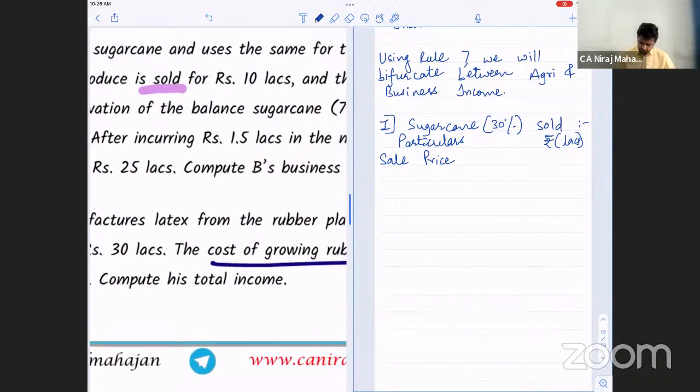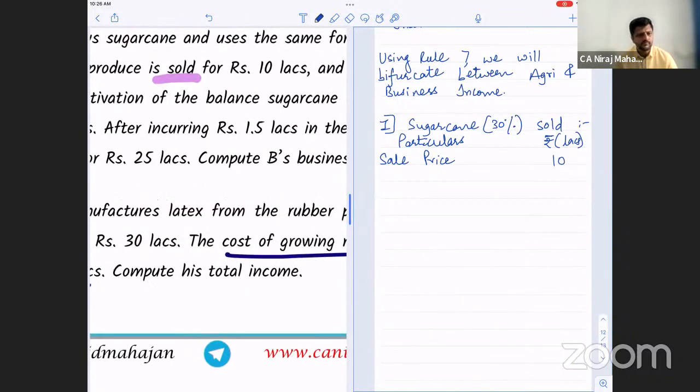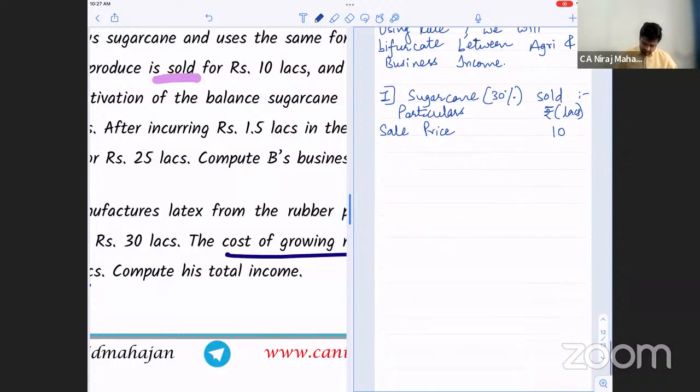Now 10 lakhs is not entirely my income. Agricultural income means I have to reduce the cost also. Anytime, anywhere, use common sense: for income, we are allowed to reduce the regular expenditure.